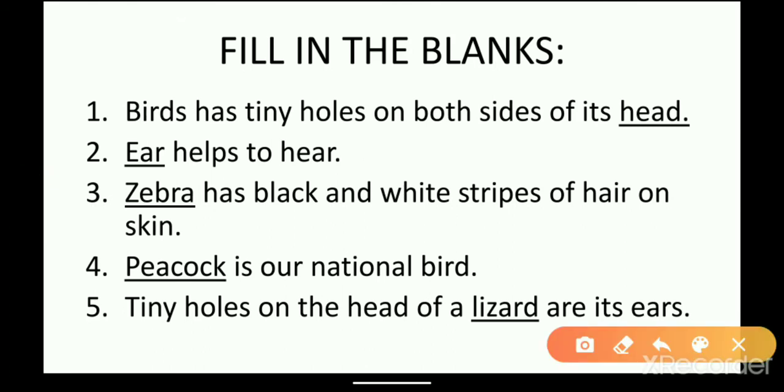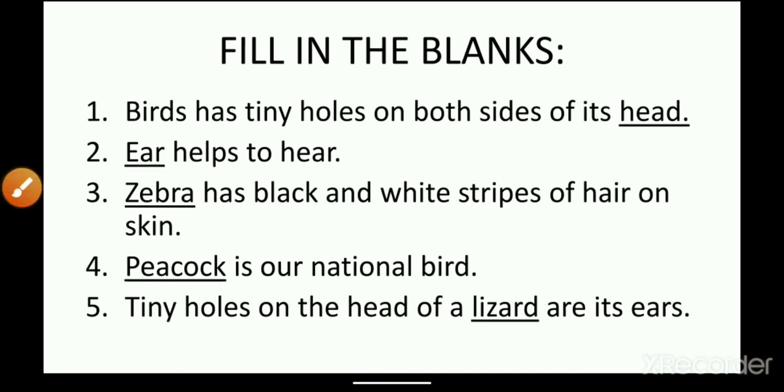Here a few sentences are given with blanks. You have to write the correct answer in the blank. First, birds have tiny holes on both sides of its dash. Where do we find bird's ears? That is on the head. Next question. Dash helps to hear. Which part of our body helps us to hear? That is ear. Next question.